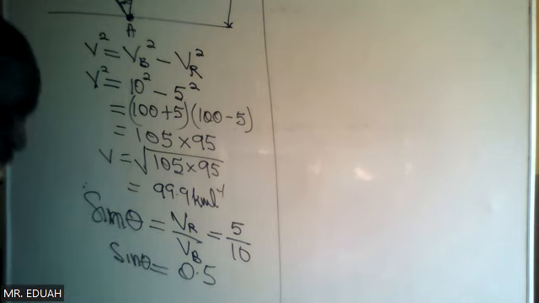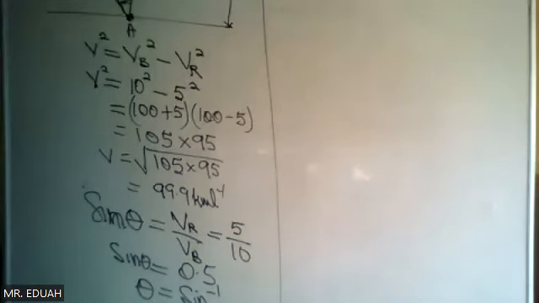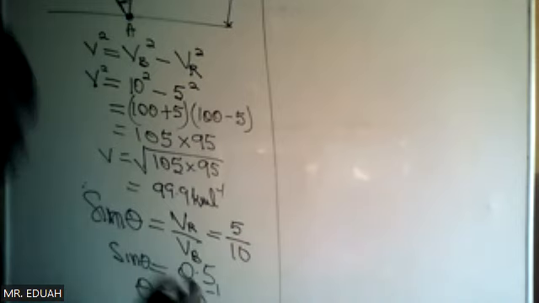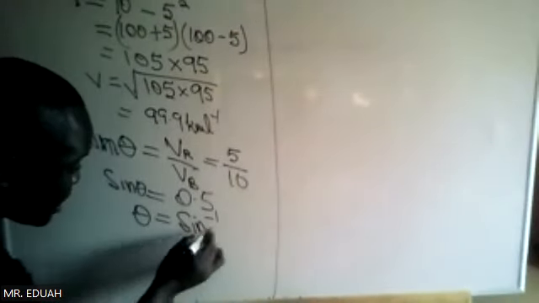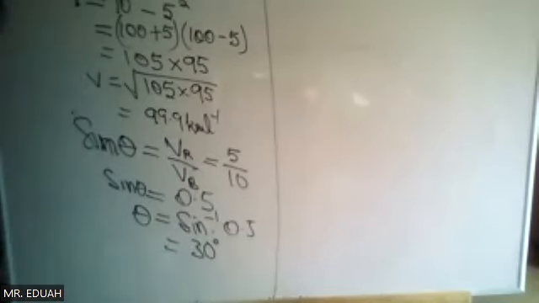Therefore, theta is equal to the sine inverse of 0.5. What's the sine inverse of 0.5? That's 30 degrees. Good. So theta is 30 degrees.